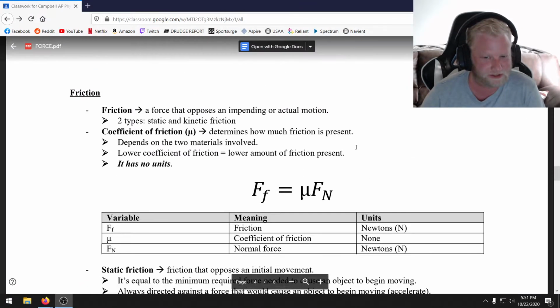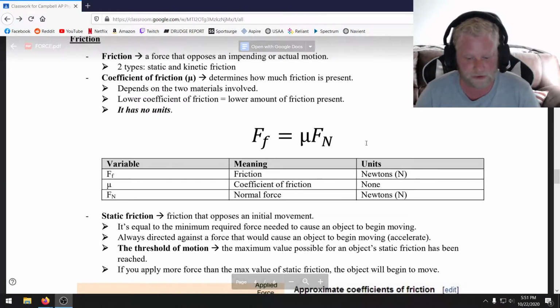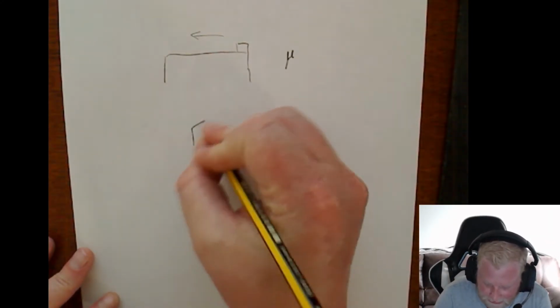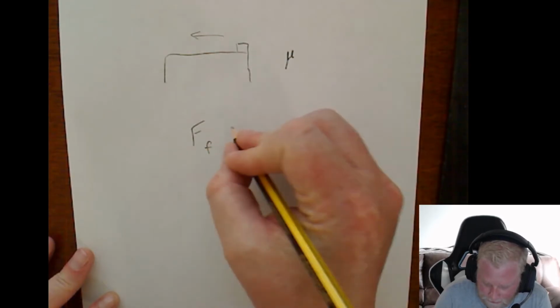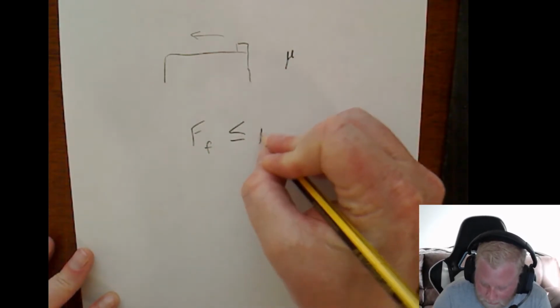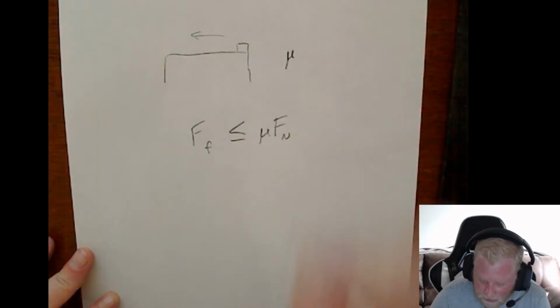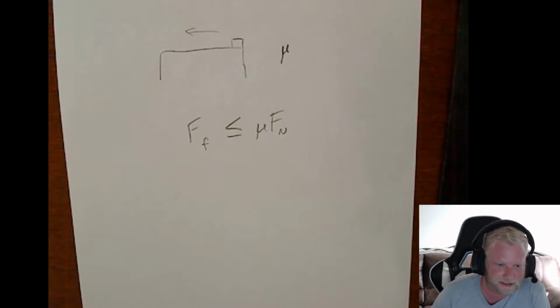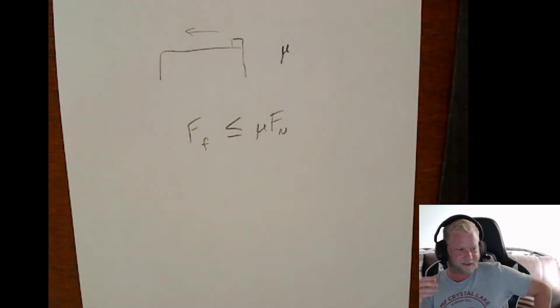One thing with this equation, if you look at it on the equation page, you're going to see that the force of friction is less than or equal to the coefficient times the normal force. And the reason for that is static friction. So static friction is the friction that opposes an initial movement.